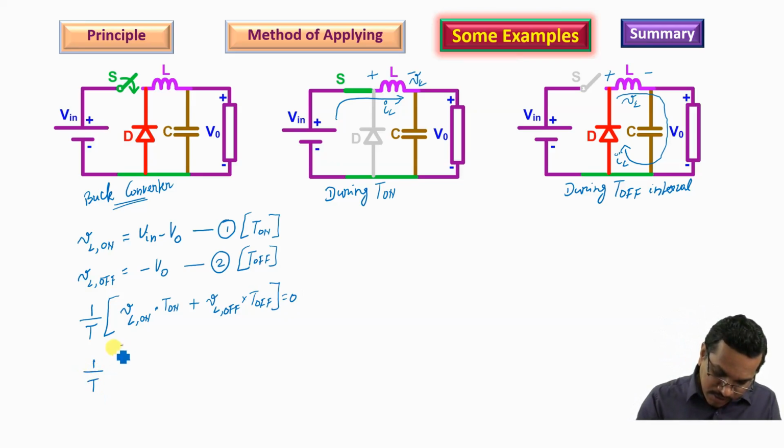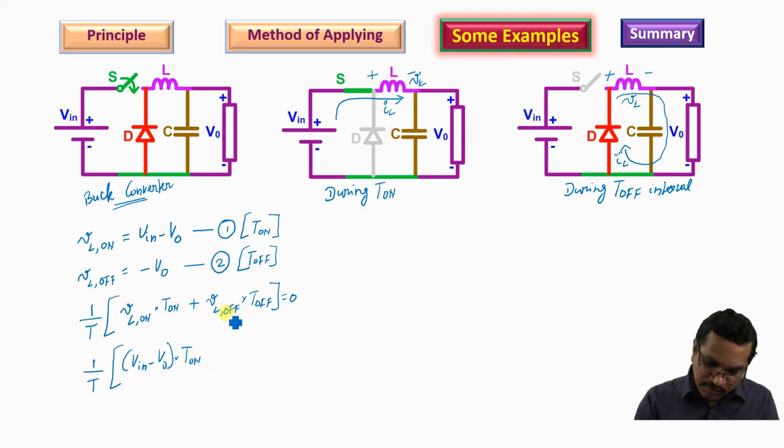1 by T into VL on, which is given by V in minus V naught into on time, plus VL off, which is actually minus V naught, so I'll directly write it as minus V naught into T off, equal to 0.